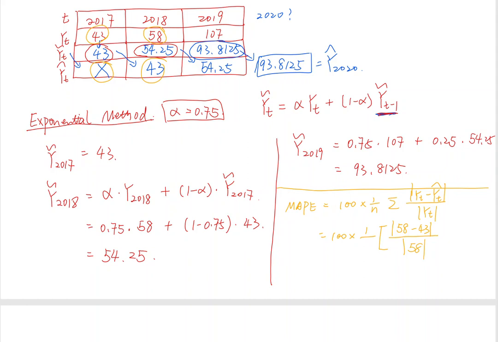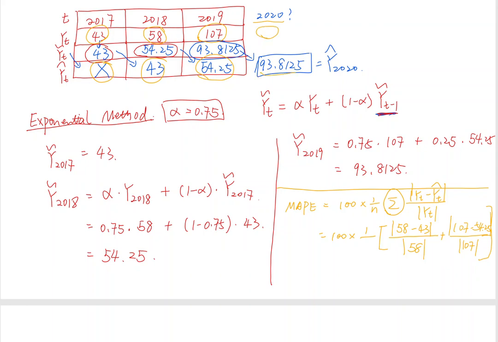All right, and then let's check for 2019. For 2019, do you have the pair? Yes, right? So that means you have another term, which is 107 minus 54.25 divided by 107. All right, and then here this is the sum, right? So you need to sum up all these terms. Why do I close it? Because for 2020, do you have the pair?